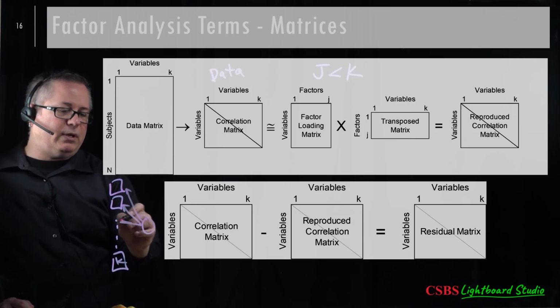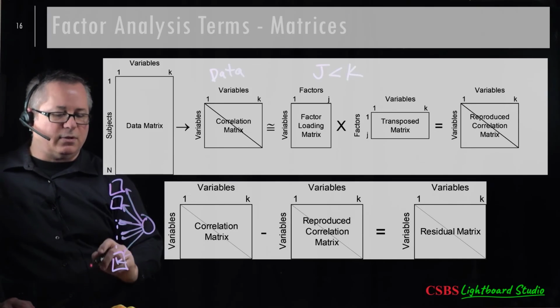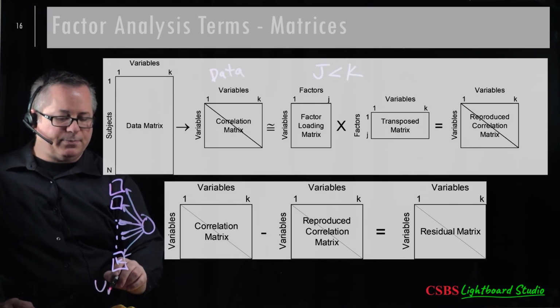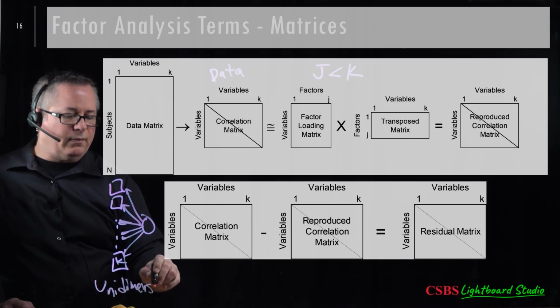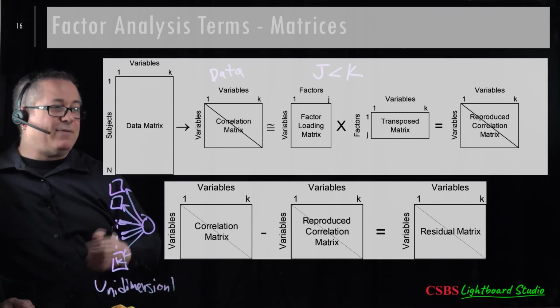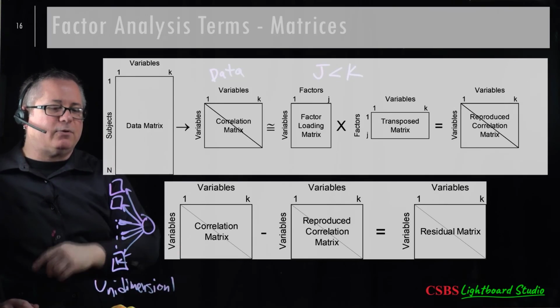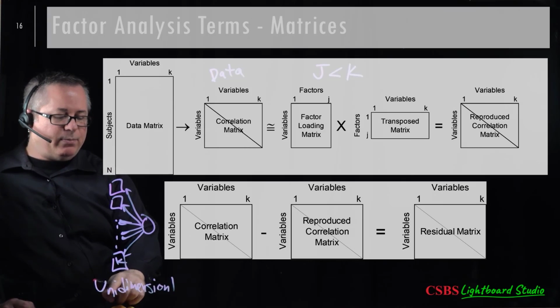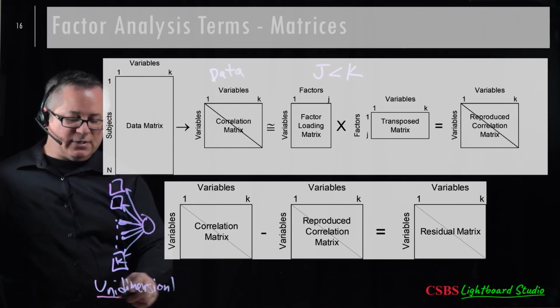This is actually a pretty common model people fit. This is called a unidimensional model. It may seem a little bit ridiculous: I have 20 items, and I've now explained 20 items with 1 factor. But most scales that you use assume this.